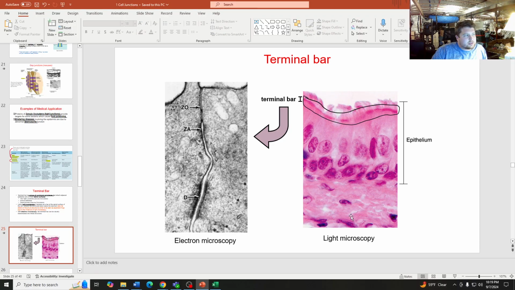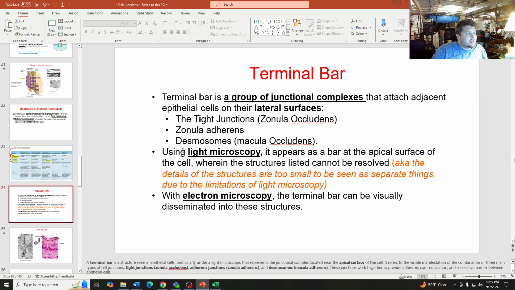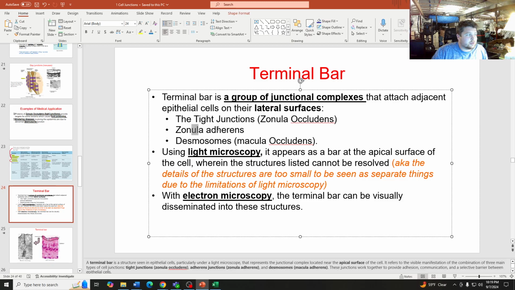With light microscopy, detail isn't always the greatest, especially with really, really small structures, and that's what we have here. So using just light microscopy, it just appears as a singular bar towards the apical surface of the cell, where these structures, the tight junctions, zonular adherens, and desmosomes, cannot be resolved.